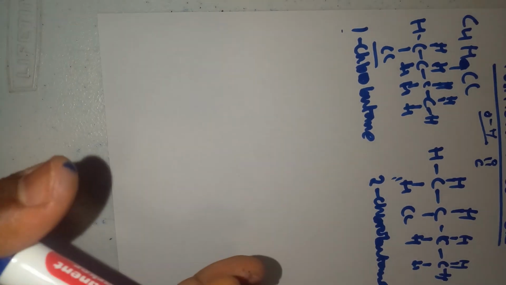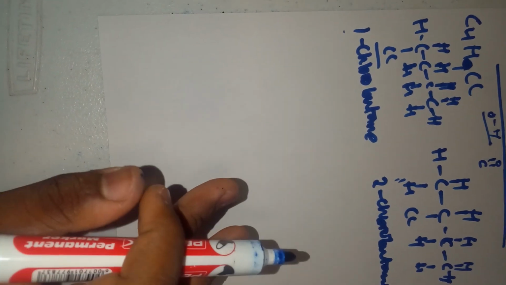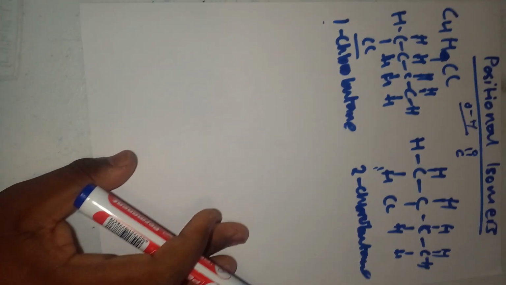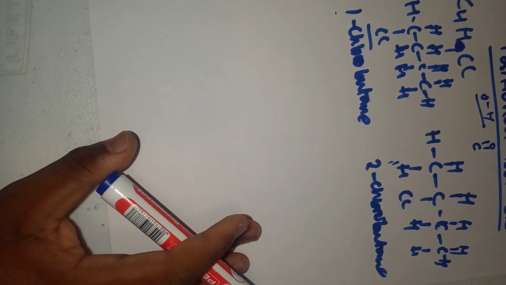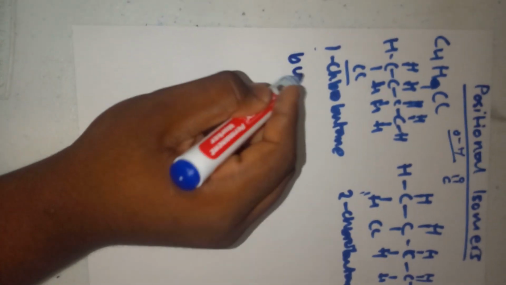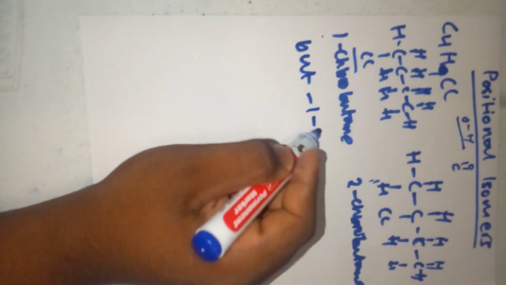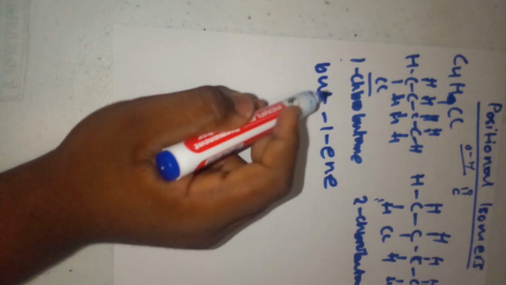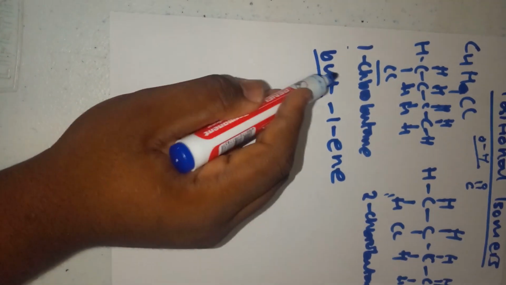Now let's go to another one about a double bond. We are going to go to what we call alkenes, about the double bond. Let's say I have but-1-ene. I told you that "but" tells you that you have 4 carbon atoms.